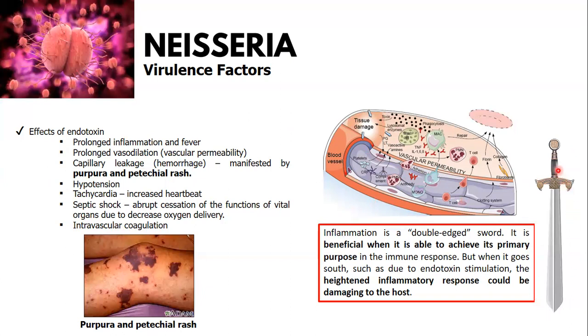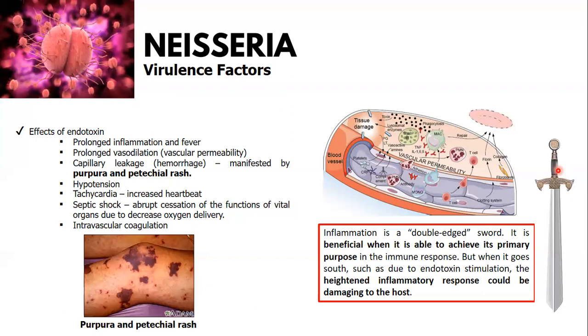As emphasized earlier, inflammation is beneficial when it is able to achieve its primary purpose in the immune response. And take note that inflammation's primary purpose includes localization of the infectious agent and activation of the immune response to help the host fight infection.